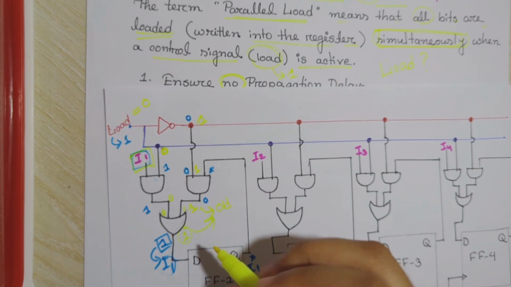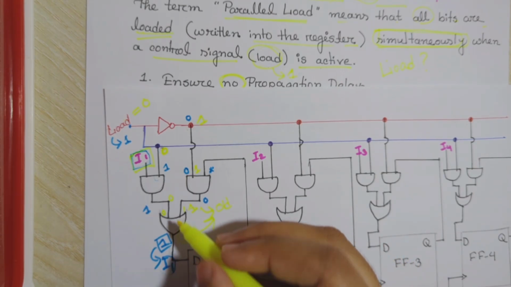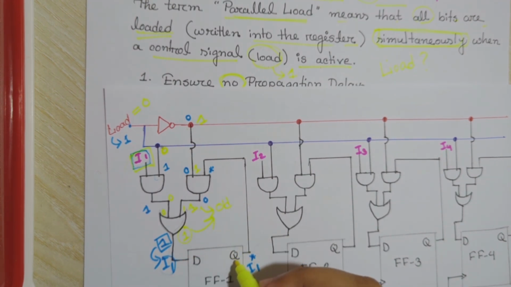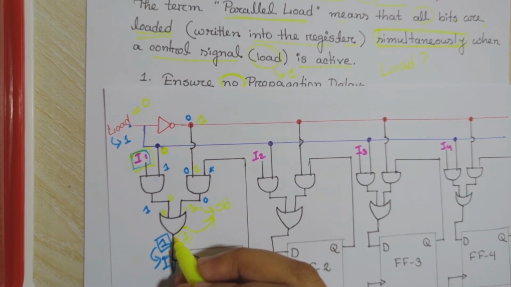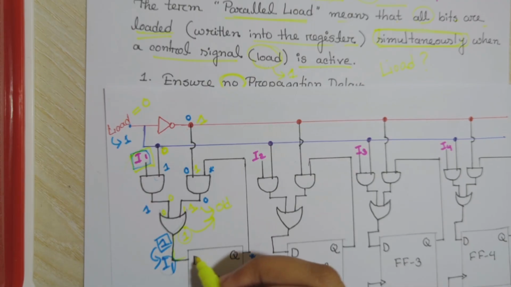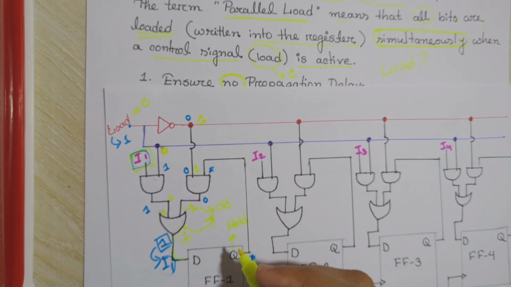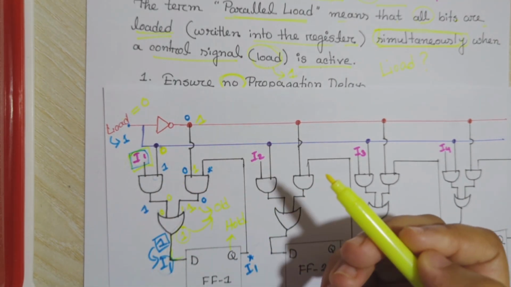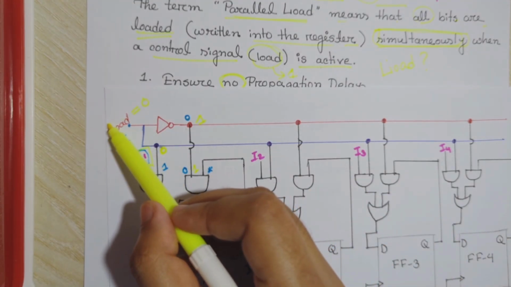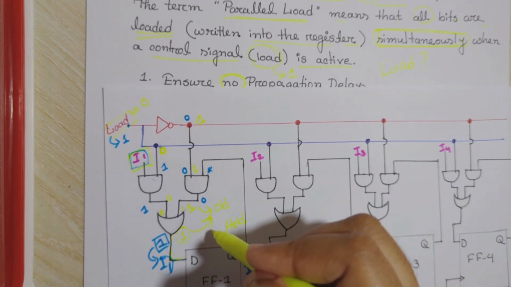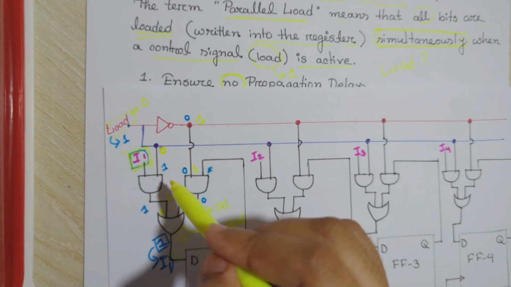Then actually this I1 will not go through; the previous Q will go through this OR gate, and then we will get our previous data as output, which means it will hold our previous output. This is how we can control our data. If we want to store our old data, we set the load as 0, then it will store our old data and ignore the new input.